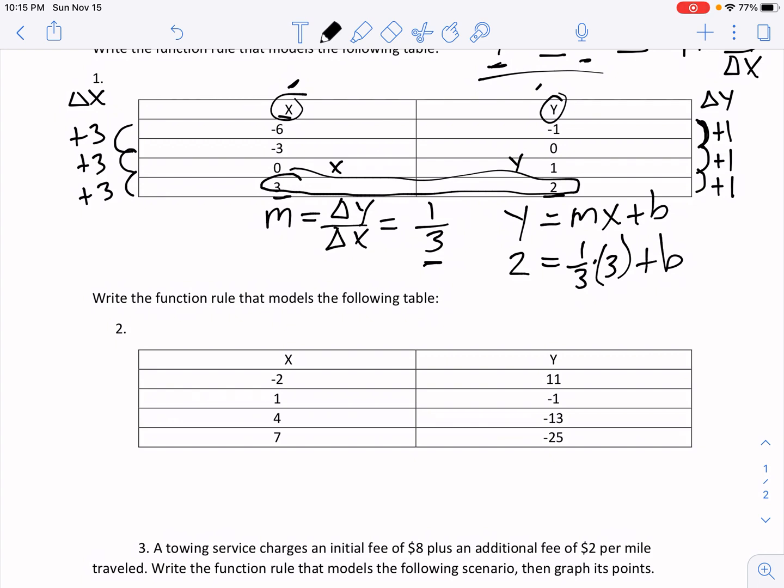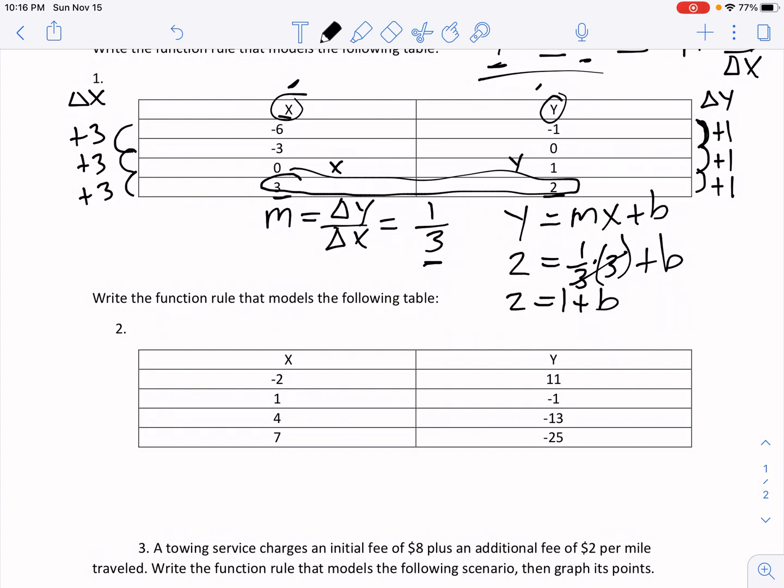So this is really 1 times 3 divided by 3. Well, what's 1 times 3? 3 divided by 3 is 1. And now another shortcut way, if you didn't catch up on this, is notice we could just cancel these out and we'd be left with 1. But either way, we get 2 equals 1 plus b, okay?